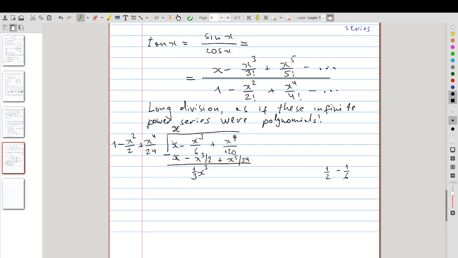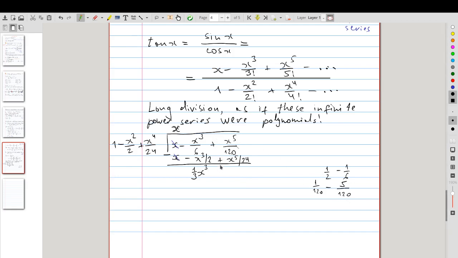Right, let's see what's going on over here. So we have 1 over 120 minus 1 over 24. So that would be 1 over 120 minus, let's see, 1 over 24. That is 5 over 120.